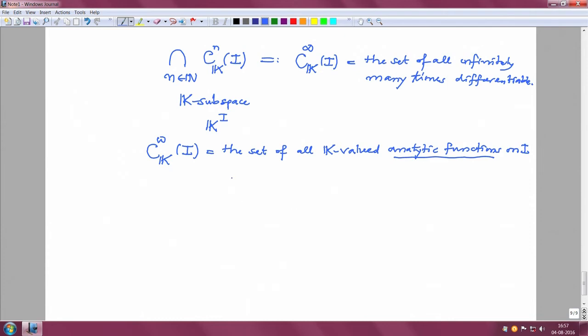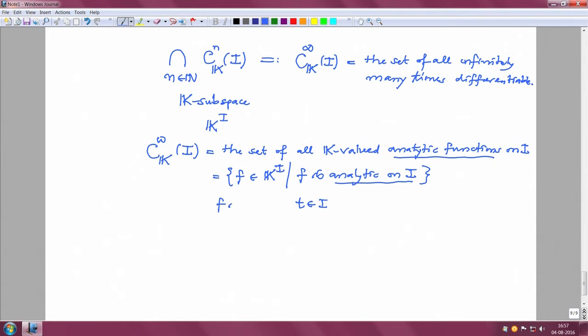That means a function f, so this is all those f in k power I, such that f is analytic on I. Analytic on I means it is analytic at every point t in I.